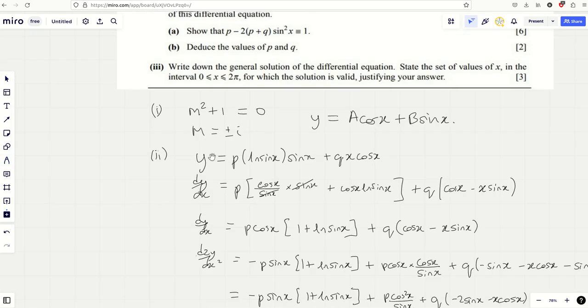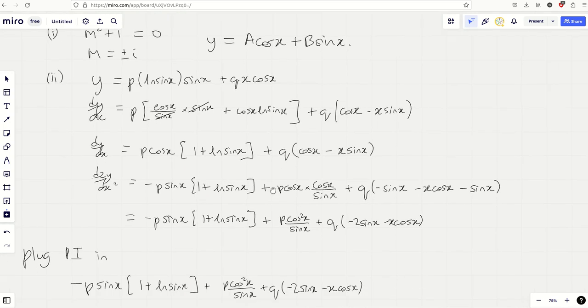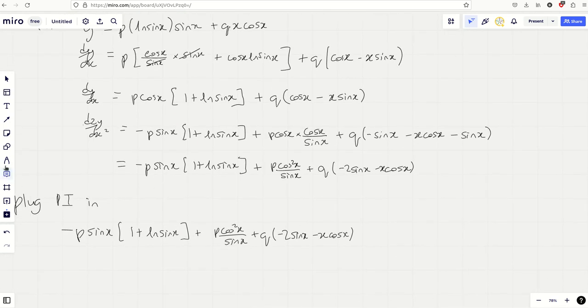I think it was. Yeah, and it equals 1 over sin x. So let's plug in y now, plus p ln sin x, plus qx cos x, and it equals 1 over sin x.